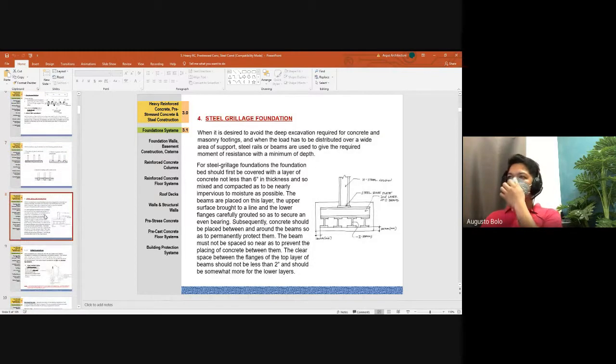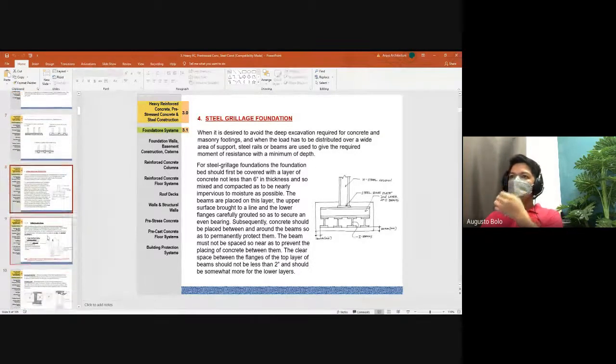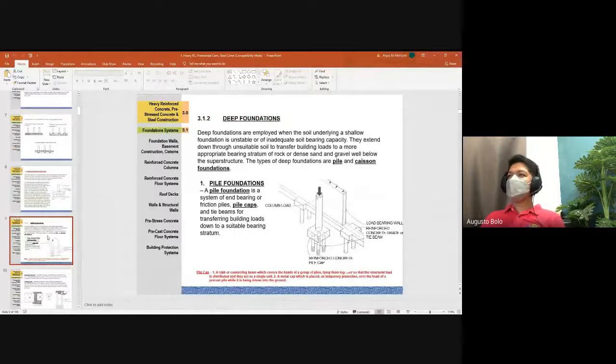Alright. For deep foundation, we have the common one, the pile foundation. An example is Uma Residences near Magsaysay Bridge.